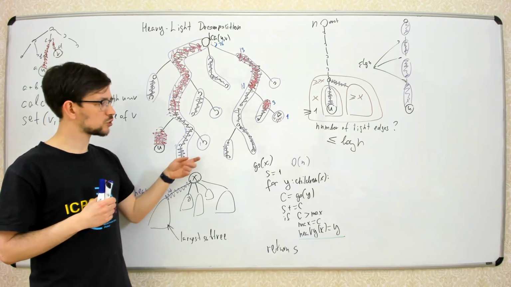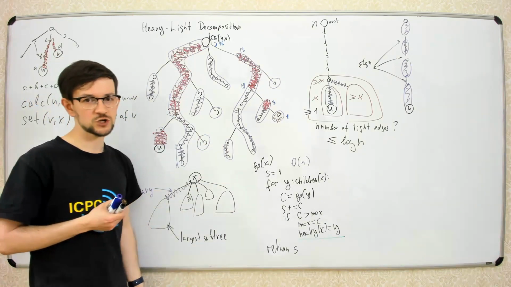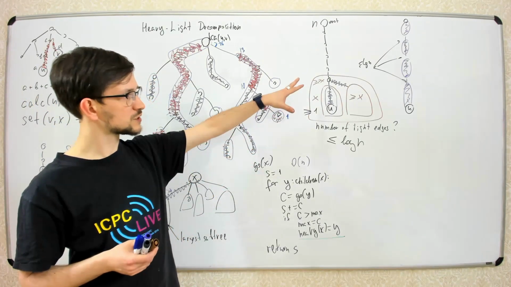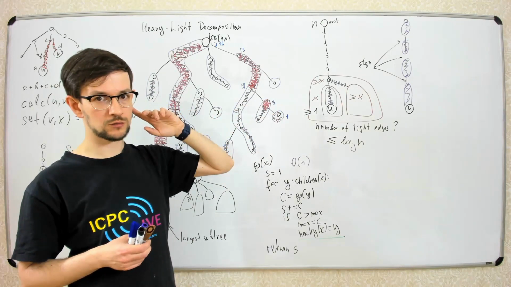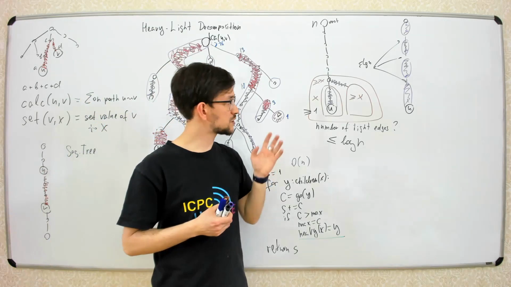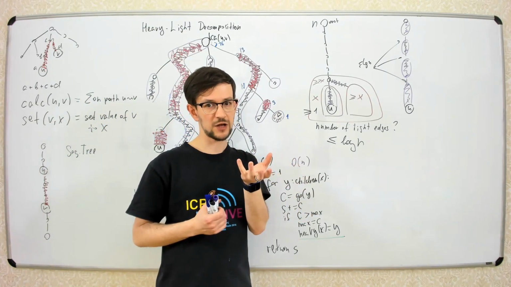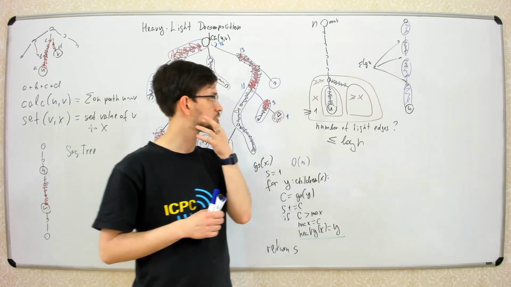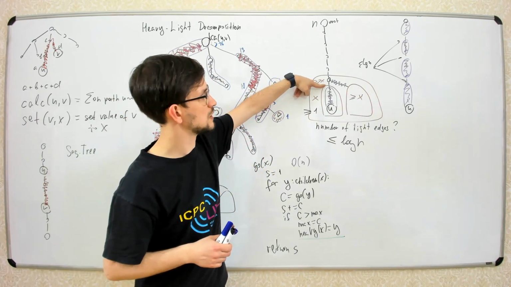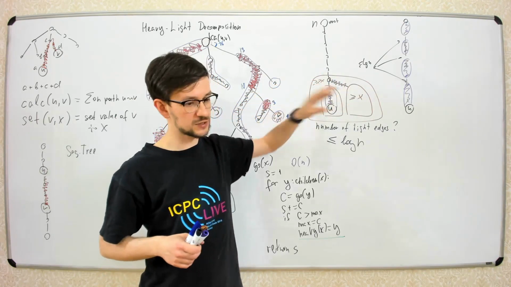If you use some decomposition into paths, not heavy-light decomposition, you may have more segments in the path from U to V. I'll put it in the home task. So it's important that we used this heavy-light style to decompose our tree, because if the edge is light, then there is another heavy edge, so the size increased twice.